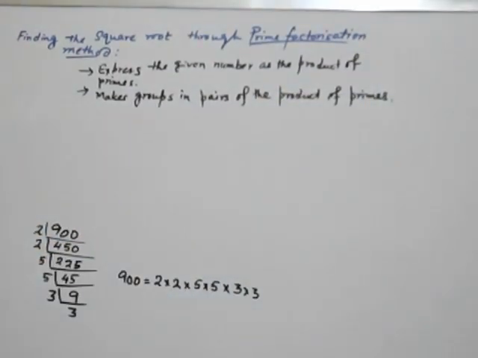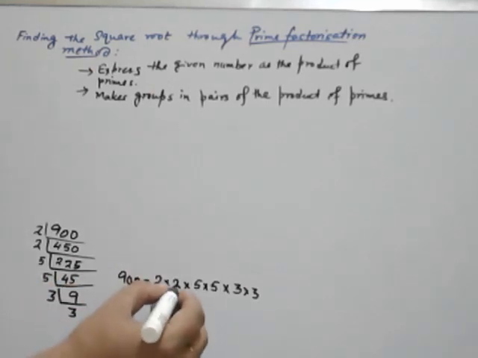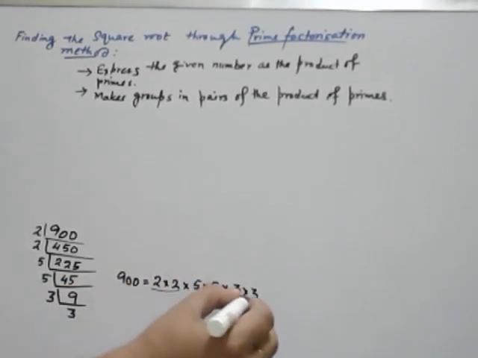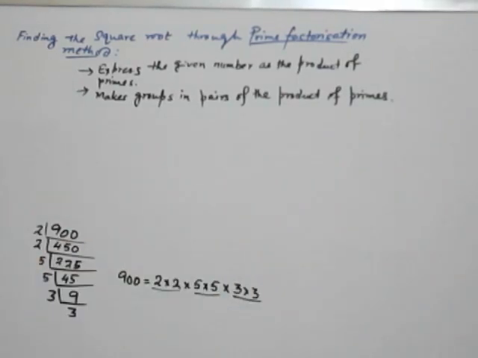So the second step is to group in pairs the product of primes. Here one group, and the three groups.